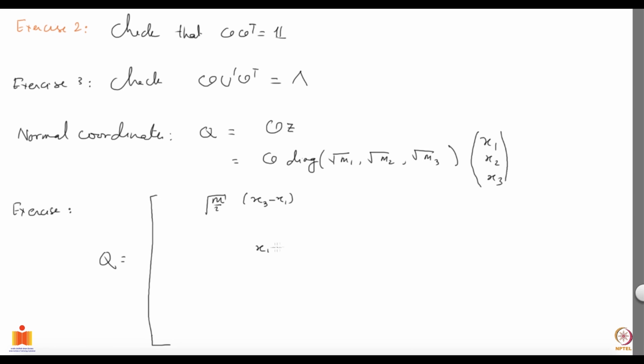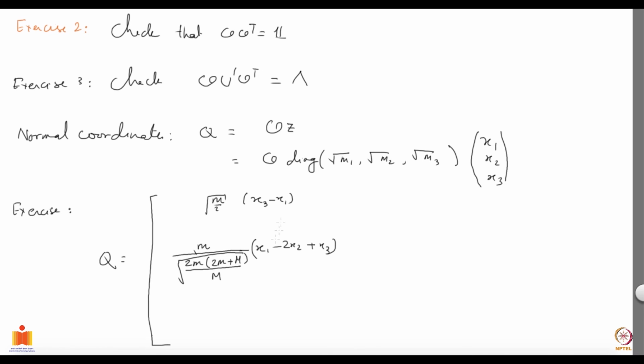Then you get x1 minus 2x2 plus x3, and the coefficient is square root of m over 2m plus capital M, the entire thing divided by capital M, and this is in the square root.